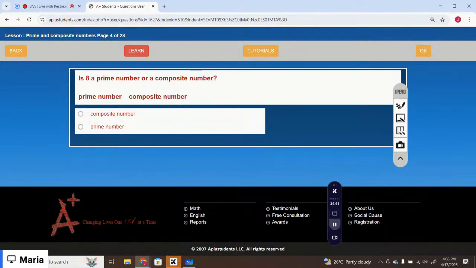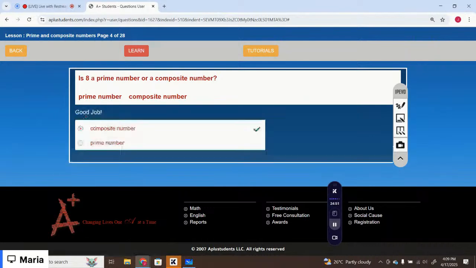Is 8 a prime number? No, 8 is not a prime number. The correct option is 8 is a composite number.